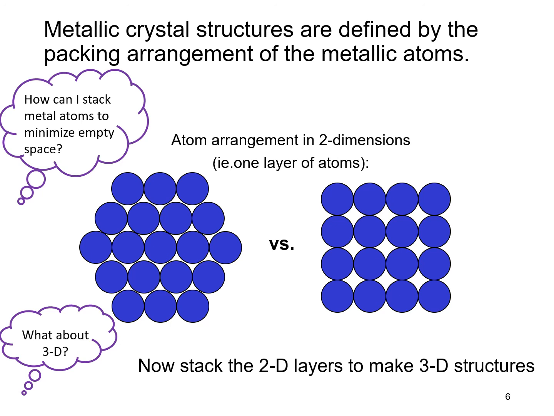However, could you not also shift the entire second layer over about half of an atom and down about half of an atom, and then each atom would nestle down into the space between the atoms below it?